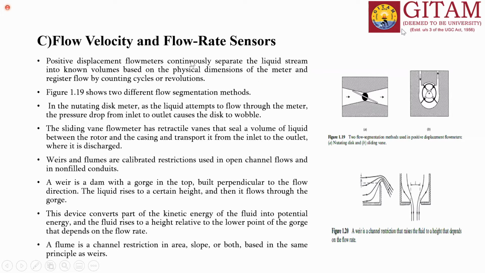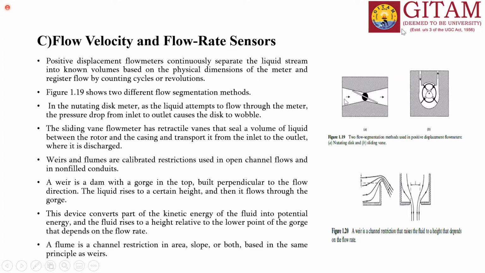So here we will allow a liquid stream into known volumes based on the physical dimensions of the meter and register flow by counting the cycles or revolutions. The first figure shows a disc.